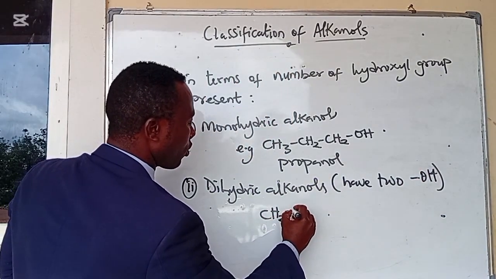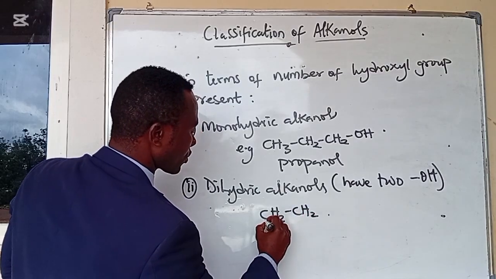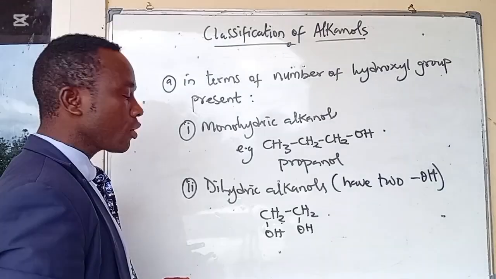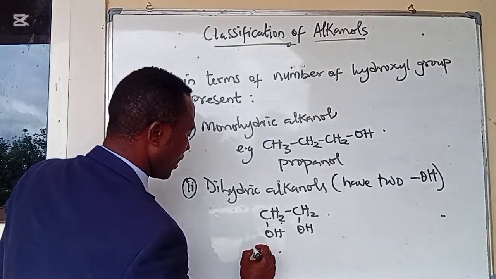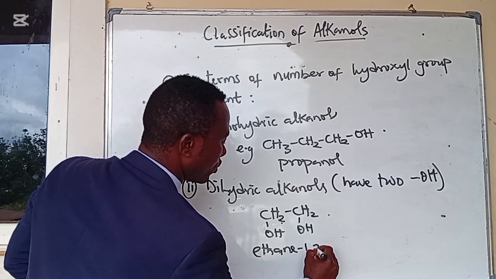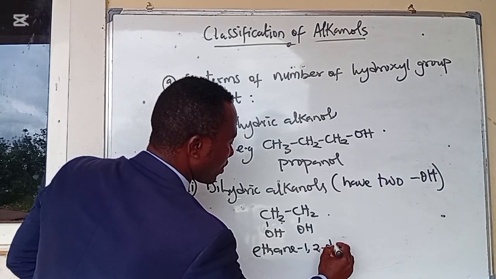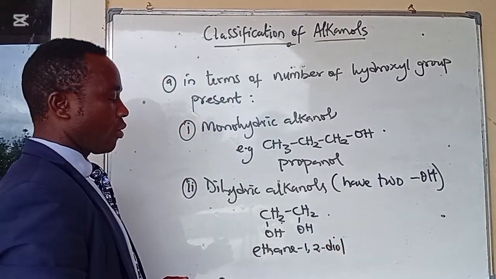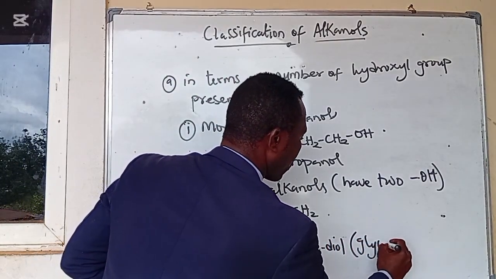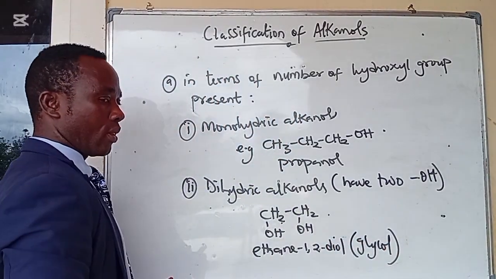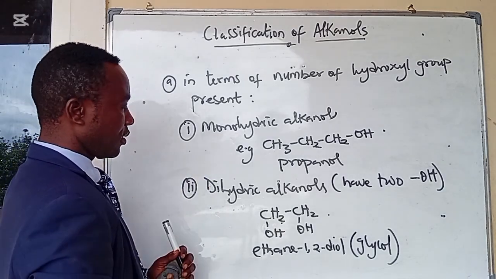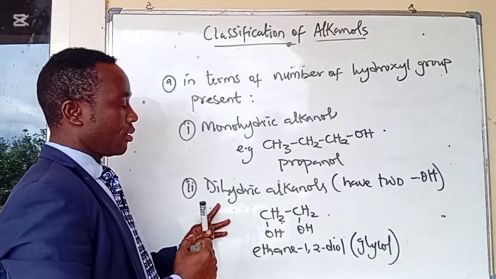Example CH2OH and CH2OH. The name is ethane-1,2-diol. Ethane-1,2-diol is called glycol. Glycol is an example of a dihydric alcohol.